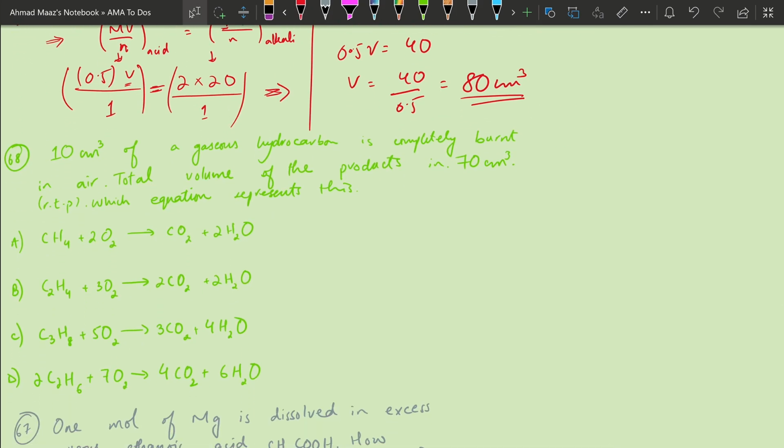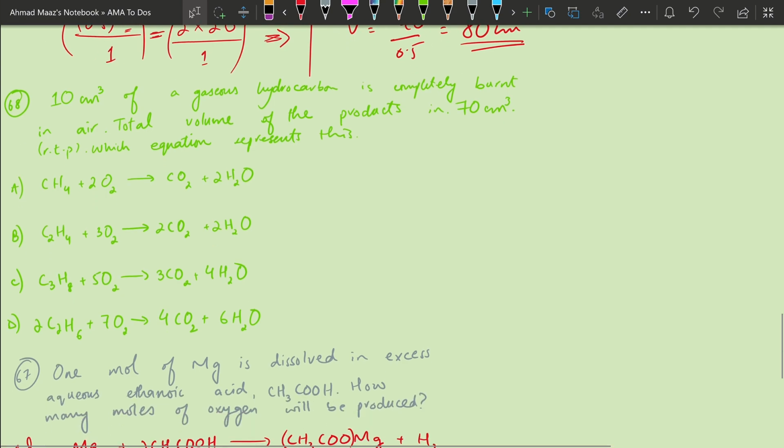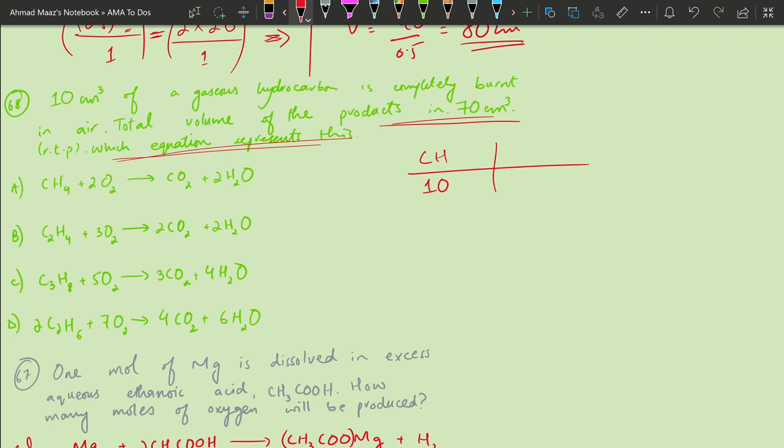10 centimeter cube of a gaseous hydrocarbon is completely burnt in air. Total volume of the product is 70 centimeter cube. Which equation represents this? Before you go to the maths of this equation, it is not a mathematical question at all. It is only a general knowledge question. It is telling us that whatever gaseous hydrocarbon is, its volume is 10, and whatever the products are, their total volume is 70.